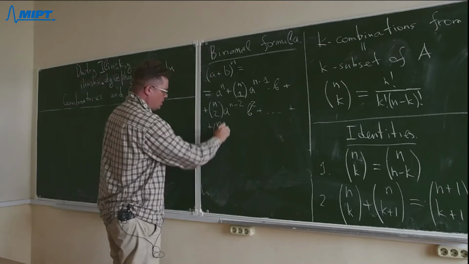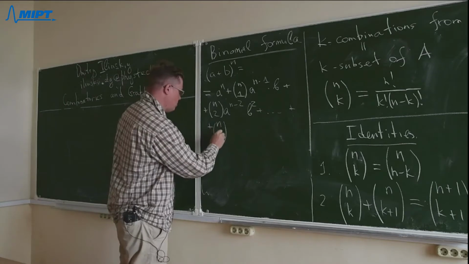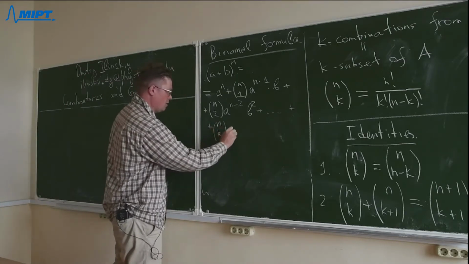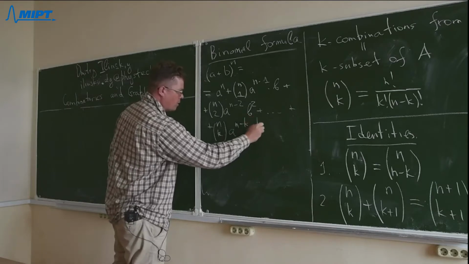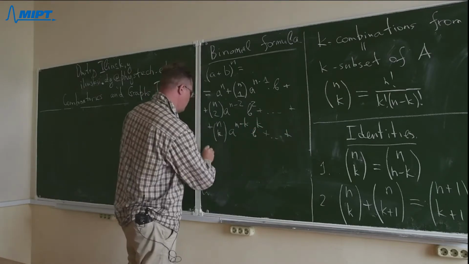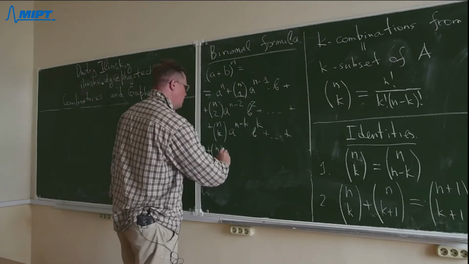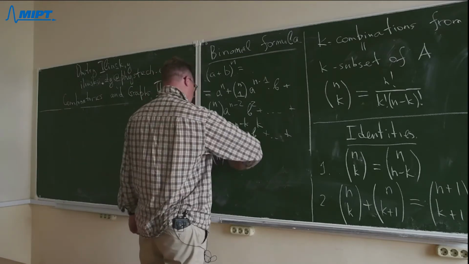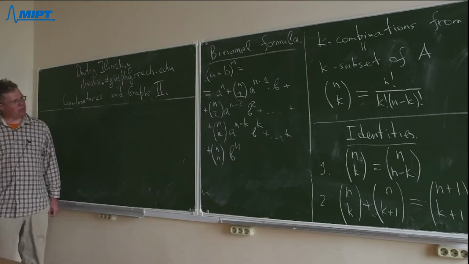So the arbitrary element of this summation will be n choose k a to the power n minus k b to the power k, etc. And the last will be n choose n b to the power n.